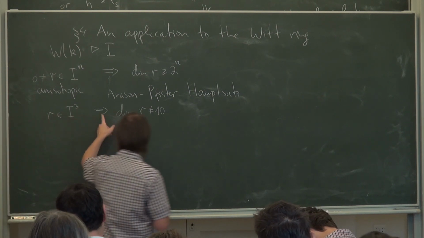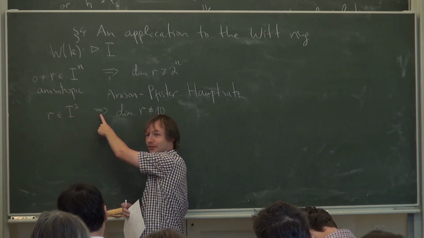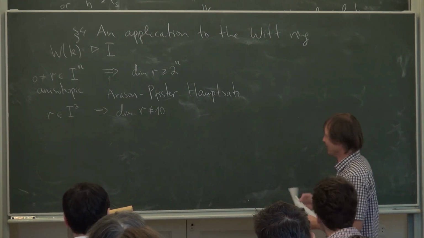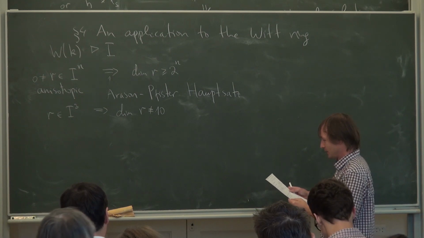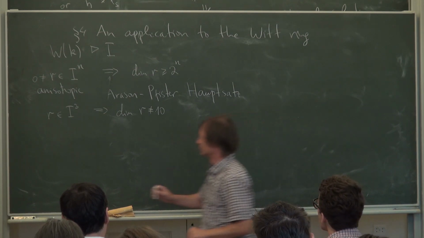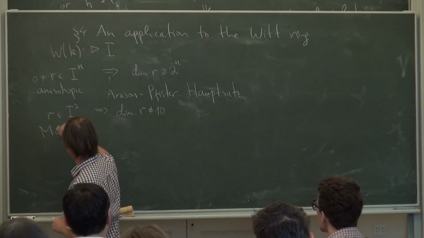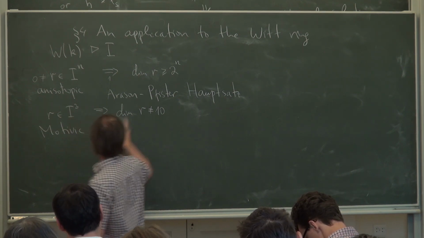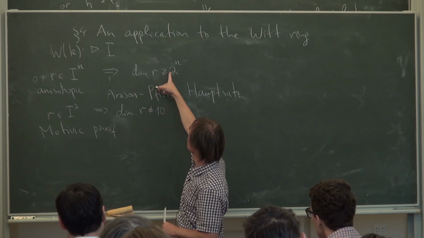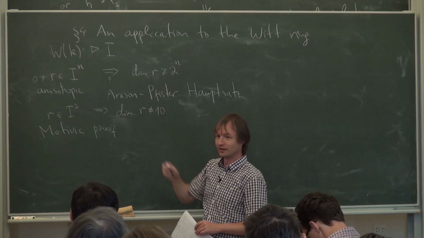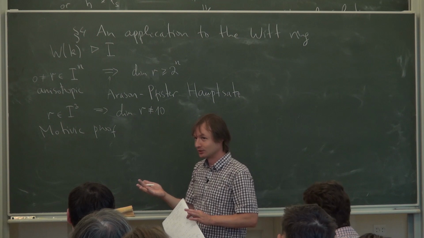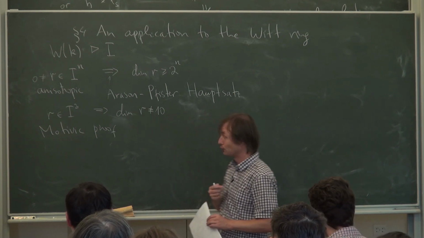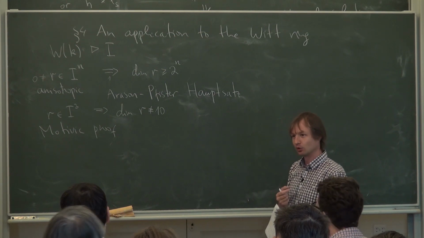Well, I would like to prove this using motives. So, Matevik proof. No, the Hauptsatz tells us at least 8, so 10 is not excluded. And 8 is possible, it's a Pfister form, but I would like to exclude 10.